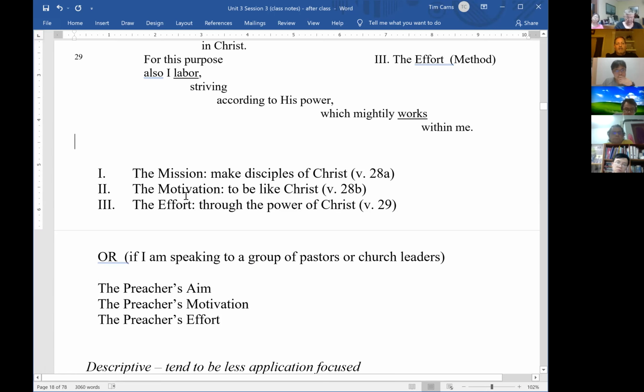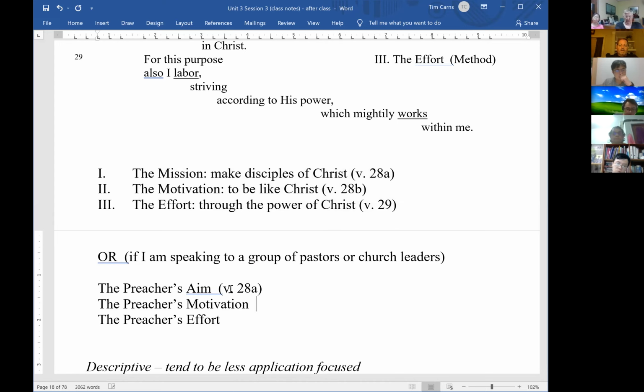I could use the same outline up here too, but I might consider directing the outline more specifically to them. So the outline will follow the structure of the passage. Notice I didn't change. I'm still going to be following the structure of the text in both of these outlines.